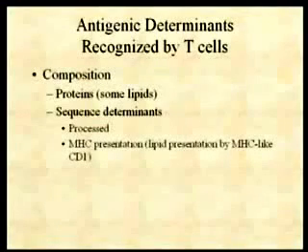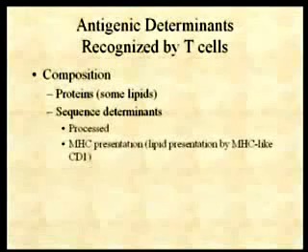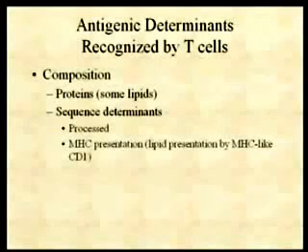The reason that they don't recognize conformational determinants is that in order for the T cell to recognize the epitope and respond to it, the antigen actually has to be processed. It has to be broken down into pieces. It has to be degraded. And not only that, the T cell receptor for antigen can't even see the pieces by themselves.